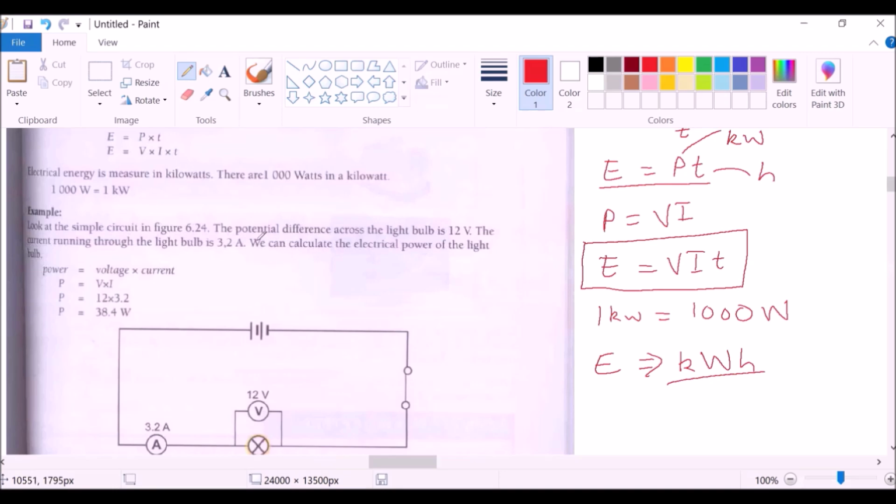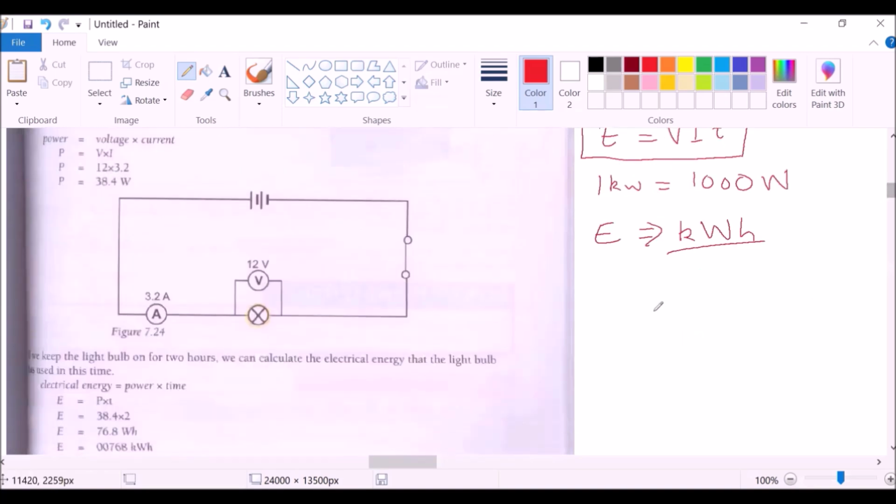For the circuit shown, the potential difference across the bulb is 12 volts. So we have 12 volts on this bulb. The current through the light bulb is 3.2 amps. So to calculate the power, power is equal to VI, which is 12 times 3.2, which will give us 38.4 watts.